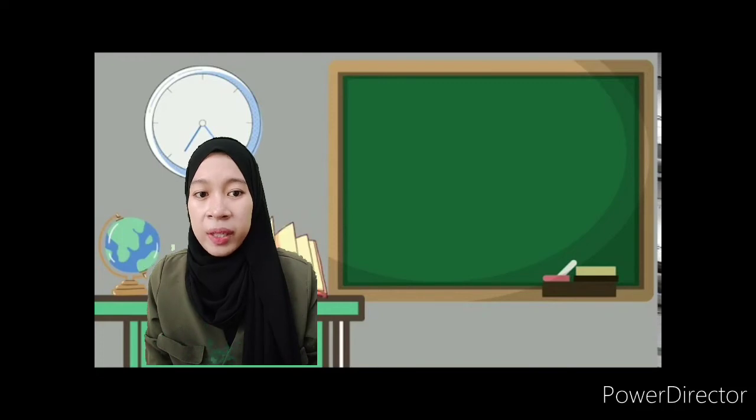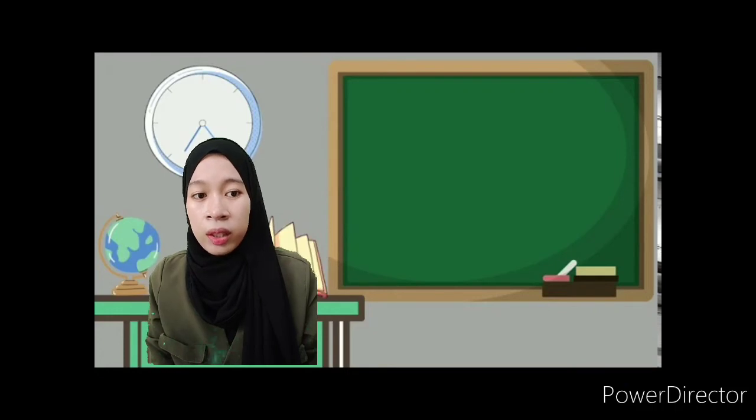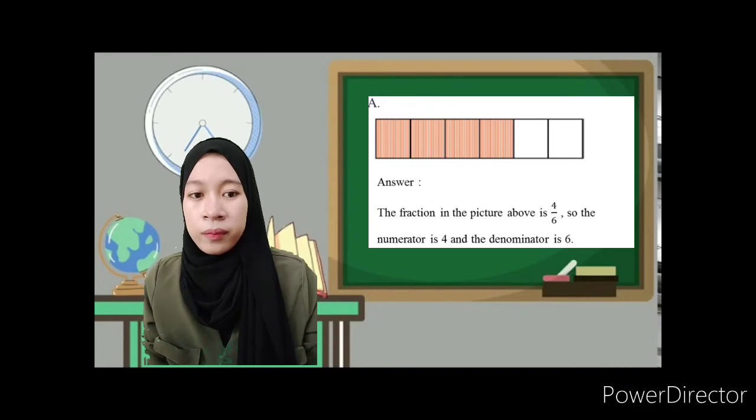Example: express the shaded part in the image below as a fraction and define the numerator and denominator. Answer: the fraction in the picture above is 4 over 6.